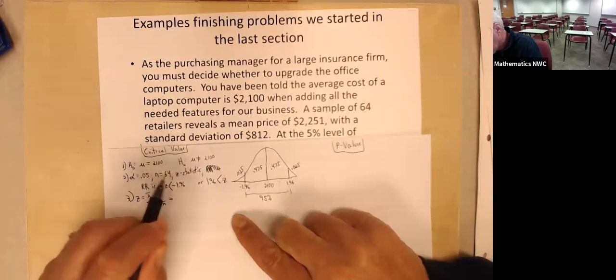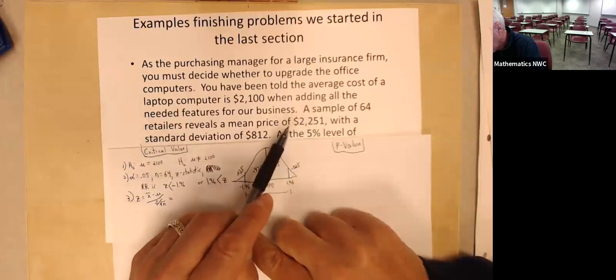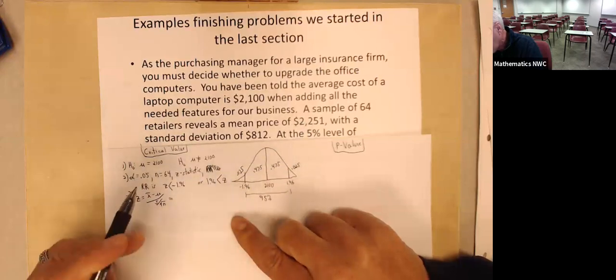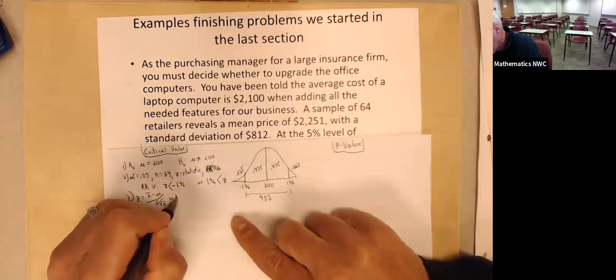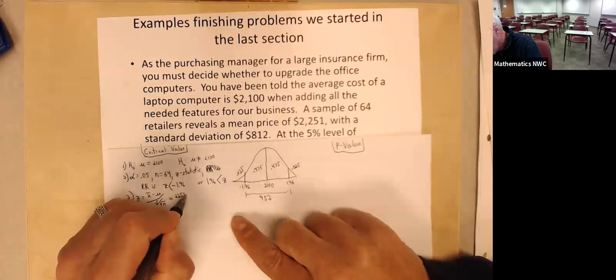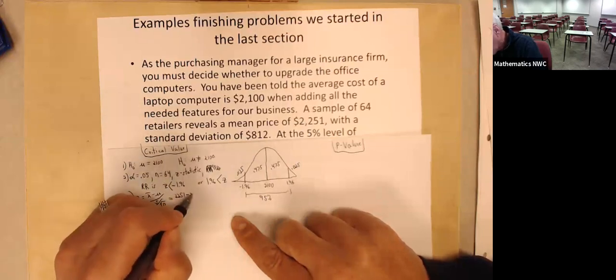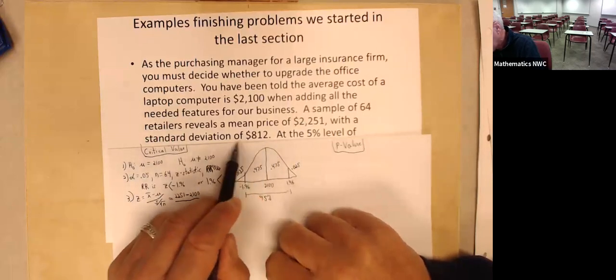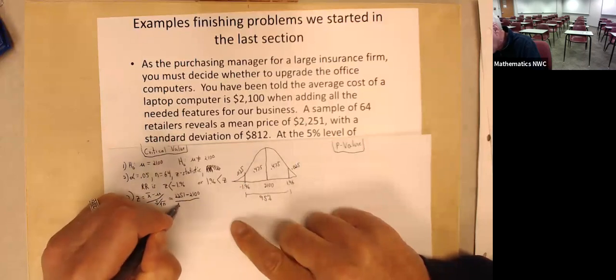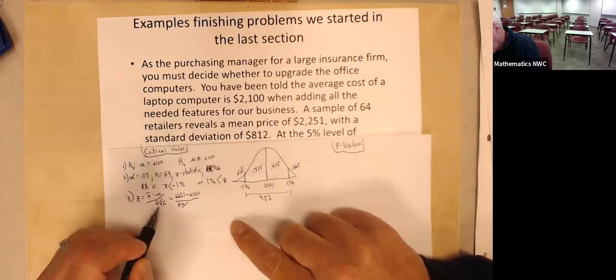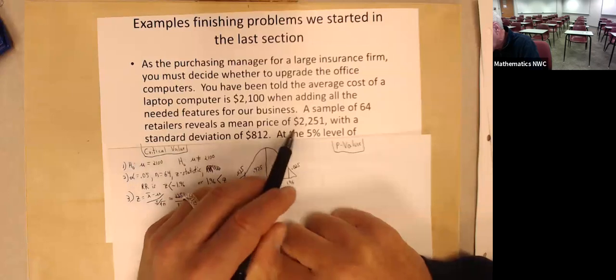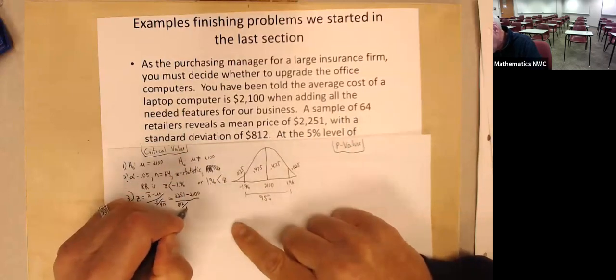So in my case, I look at my sample. It had a mean of 2251, that's X bar, minus the hypothesized mean 2100, divided by standard deviation of 812, divided by the square root of my sample size, which was 64.